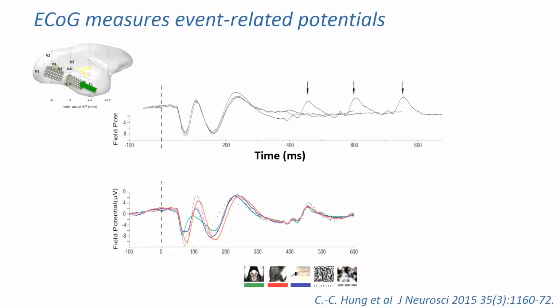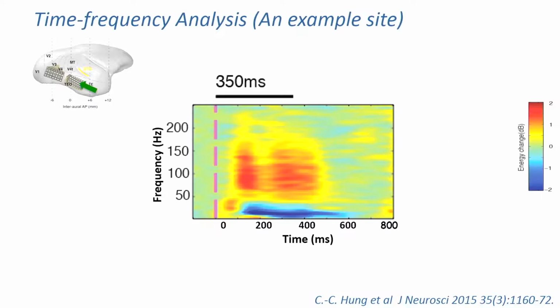You collect these evoked field potentials whenever you present a visual stimulus, and then once you get these responses, you can do a frequency analysis. So basically, you look for the amplitude of these evoked response potentials at different frequencies if you do a Fourier transform in one of the directions.